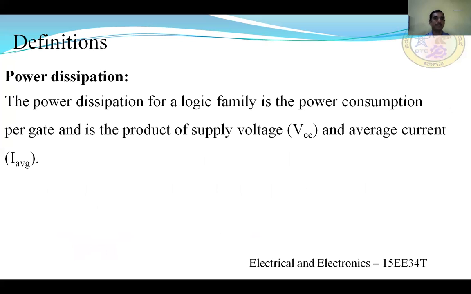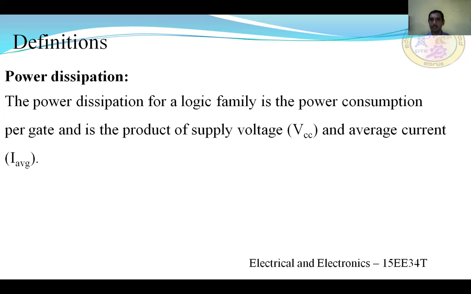The next definition is power dissipation. The power dissipation for a logic family is the power consumption per gate, and it is the product of supply voltage and average current. For any circuit or gate to run, it has to consume power, because without power nothing will run.